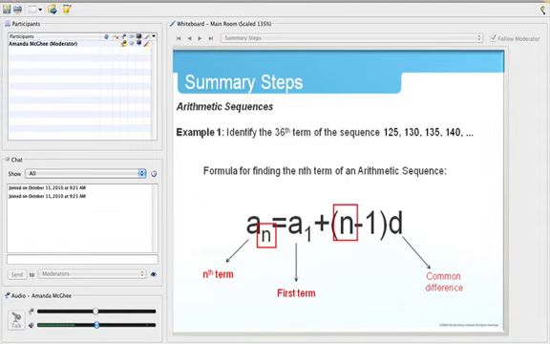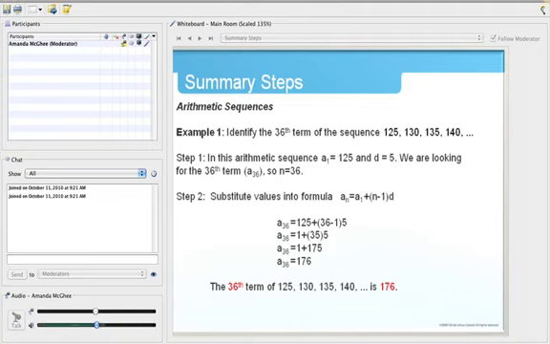The n's are the same. They're the term number, which in this case will be 36. However, if you look at this as a whole, A sub n would be the 36th term. So it will eventually be a number that we will find.